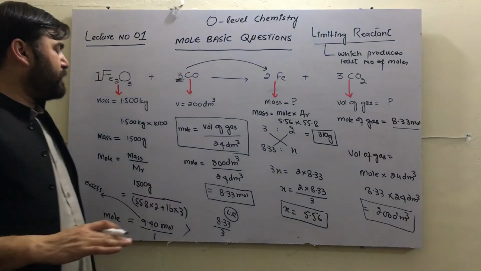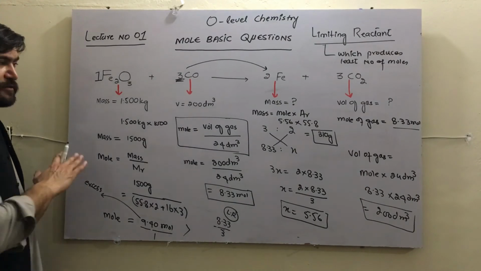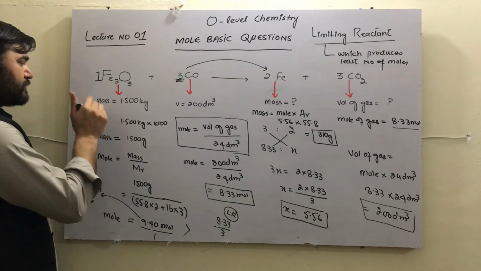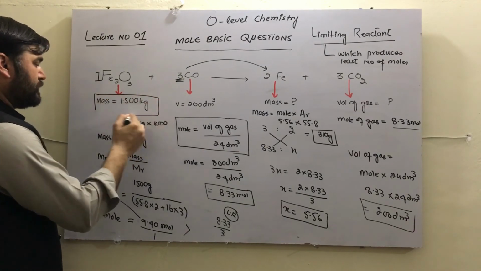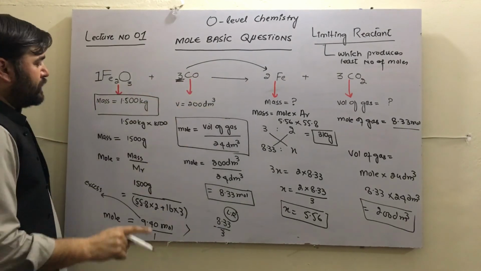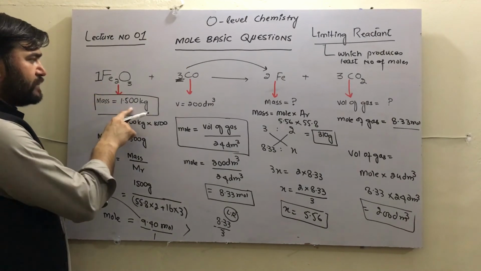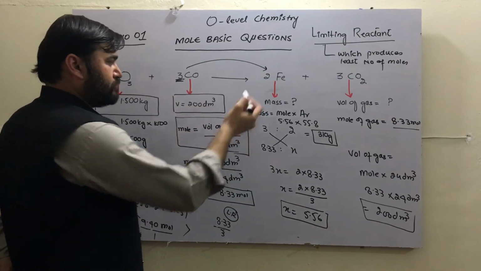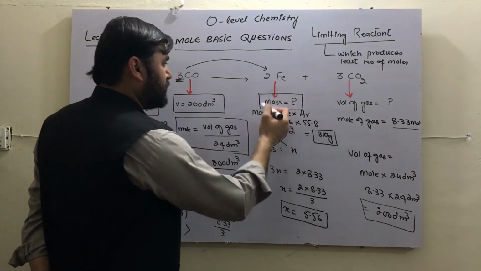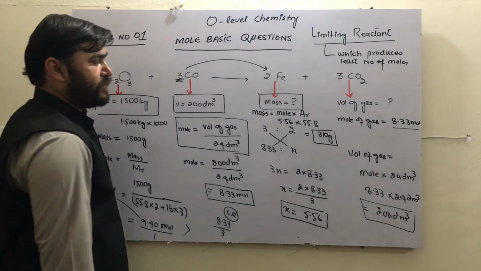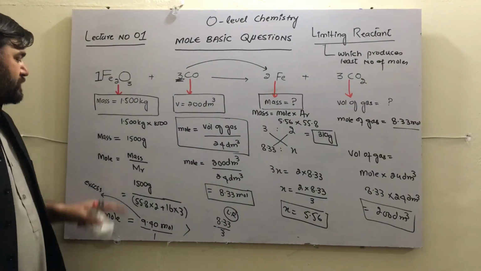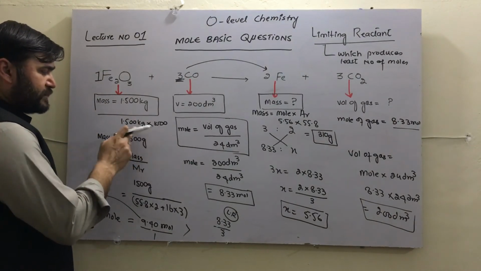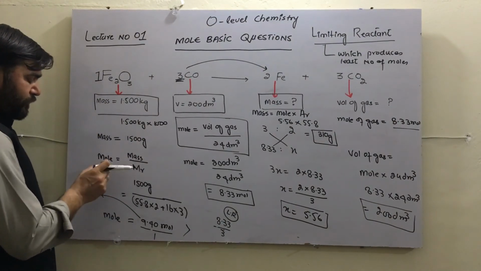So that was a special question from the past paper, and we described it in the best way. Suppose that was the data I mentioned in the red arrow. The mass of Fe2O3 was given. Volume of carbon monoxide was also given. We have to find out the mass of iron and also the volume of carbon dioxide gas. So the first step is to convert mass into gram, so multiply it by 1000 and apply the formula.